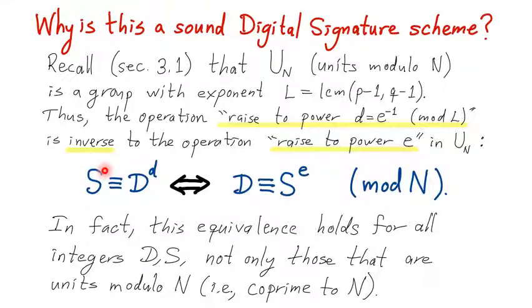But because exponents for elements in UN are defined modulo L, raising to the power 1 over D to recover D is really raising to the power E, because E is the multiplicative inverse of D modulo L.